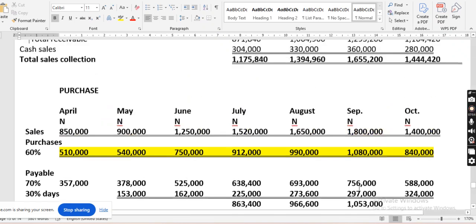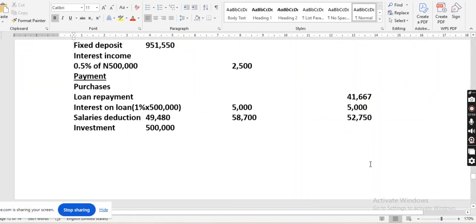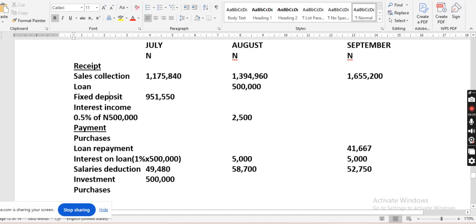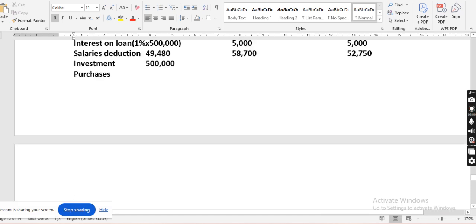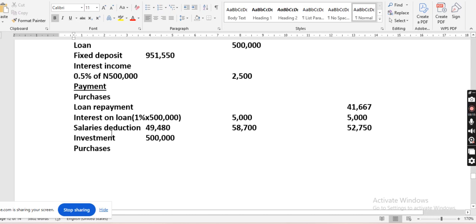One thing about this cash budget, if you don't know it, you don't know it. You can still maneuver, but you may not get the marks allotted to each of the notes. So what is the first one? July. Total purchases.